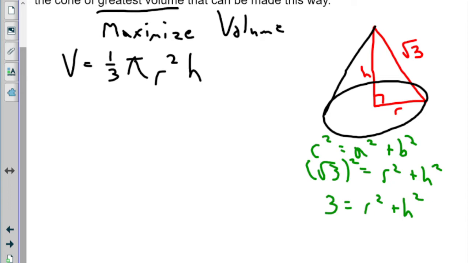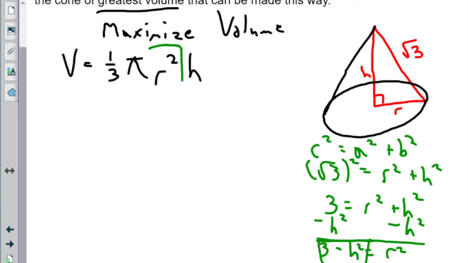And I want to use the thing that will let me substitute in the easiest, and that is just subtracting h squared and saying, here's what r squared is. Now, if it'll help you to take the square root and then square it again, then that's fine. But here's r squared, so I can take that and put it in for r squared. That's what I'm going to be doing.